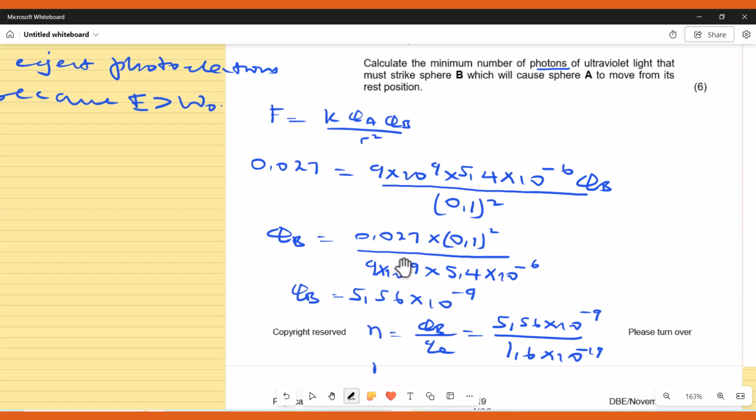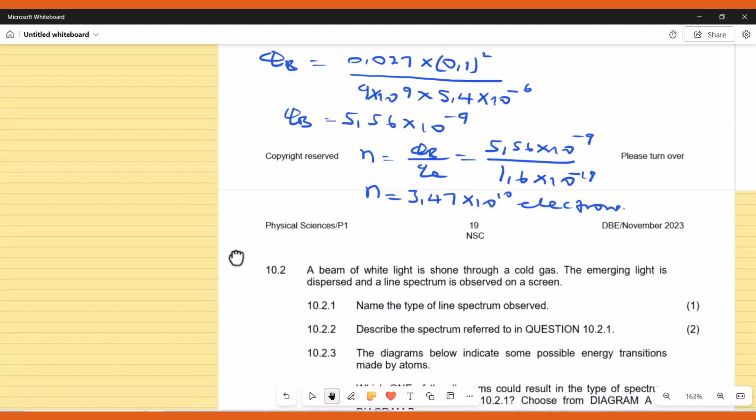Calculators, what do you get? I'm getting 3,47 times 10 to the power 10 electrons. That's my answer for the photons required for sphere A to move from rest.